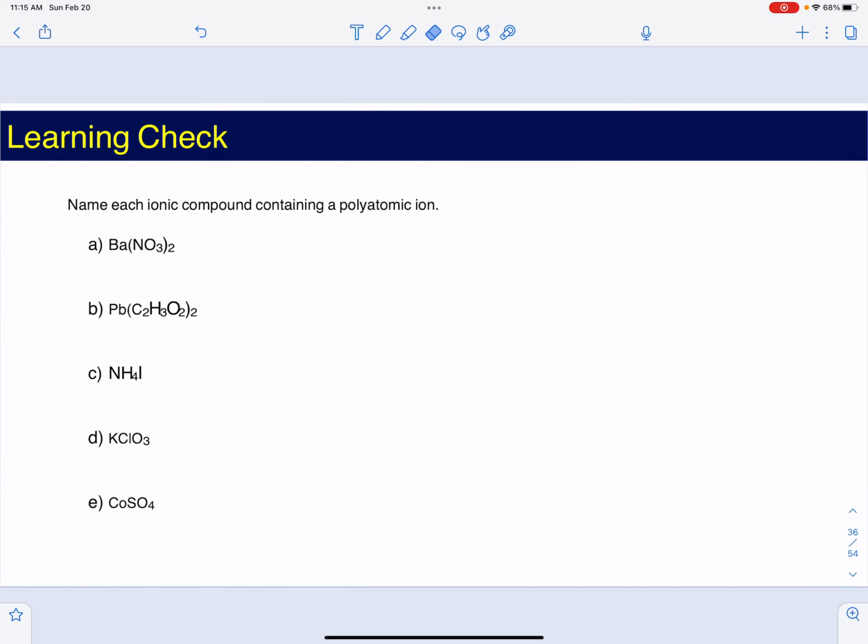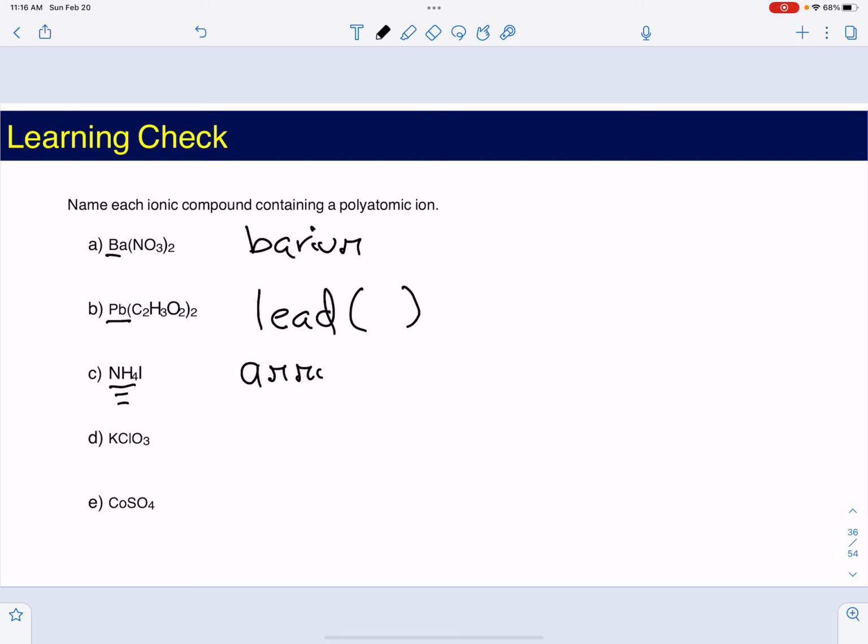And the last one is with transition metals. So I know this is going to be barium. I know this is going to be lead. And lead, I already know it's going to need a Roman numeral. This is a polyatomic ion, better known as ammonium. So I'm only doing the first element, or the first cation. This is going to be potassium.